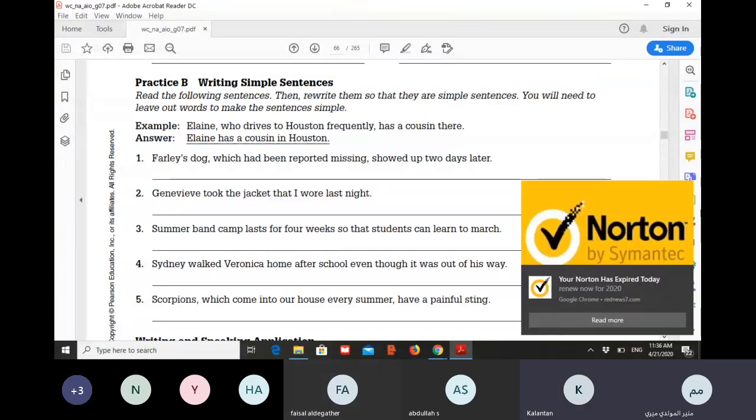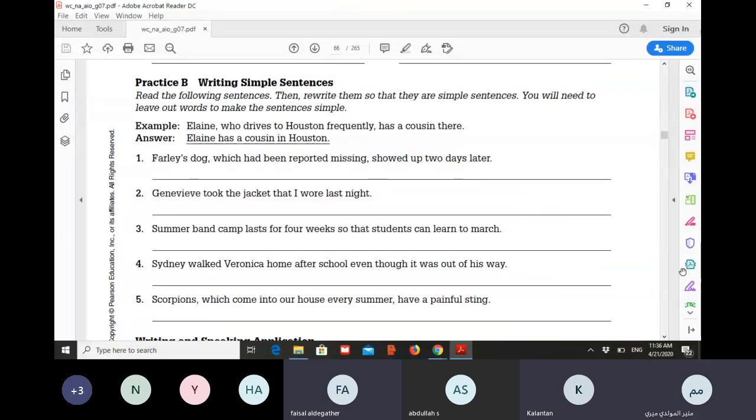Farley's dog, which had been reported missing, showed up 2 days later. How do we do this? You need a subject, then you need a verb, and you need only a main clause. You don't need any subordinate clause.